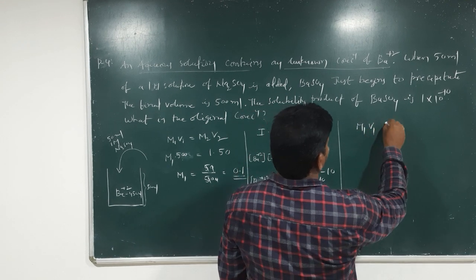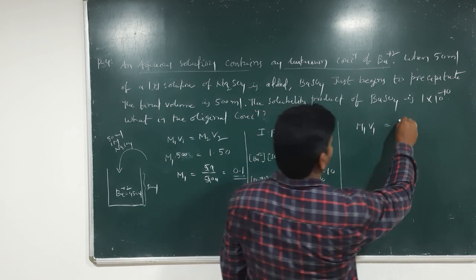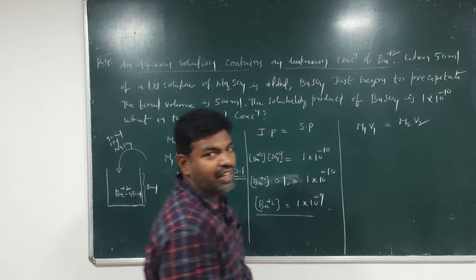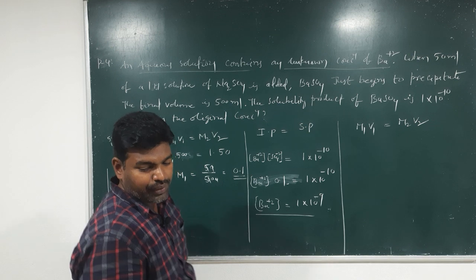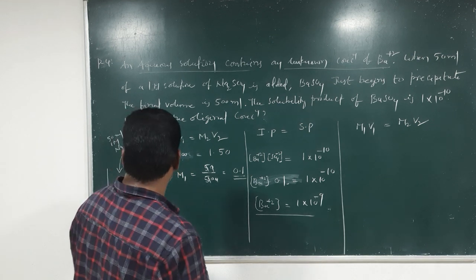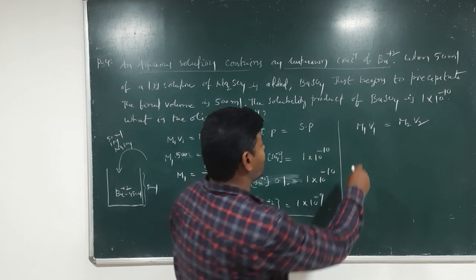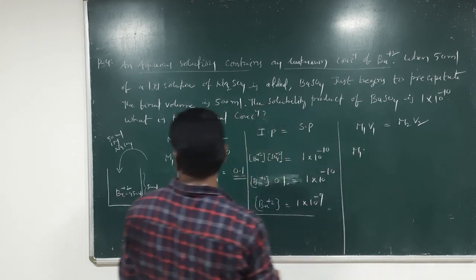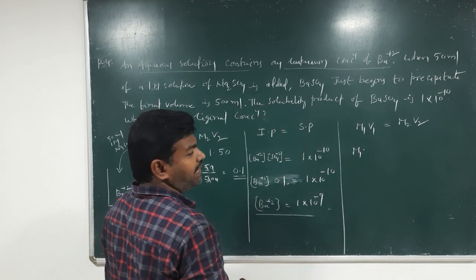So, we can calculate it by using the formula M1V1 is equal to M2V2. M1 is the molarity, that is the original concentration, and the original volume, the initial volume, is 450 ml, as I told you.